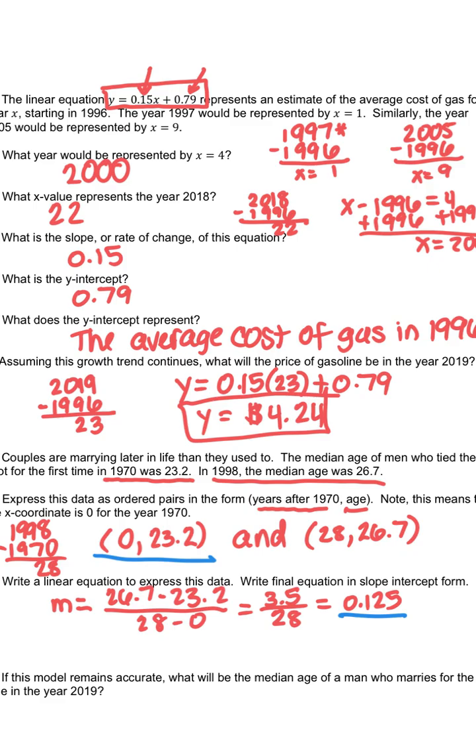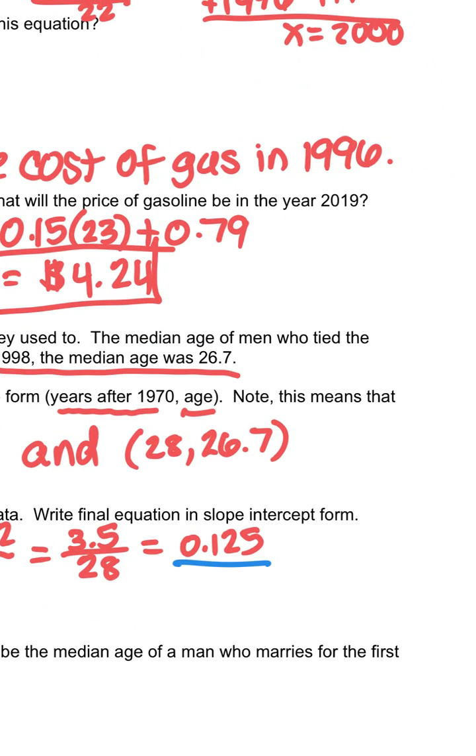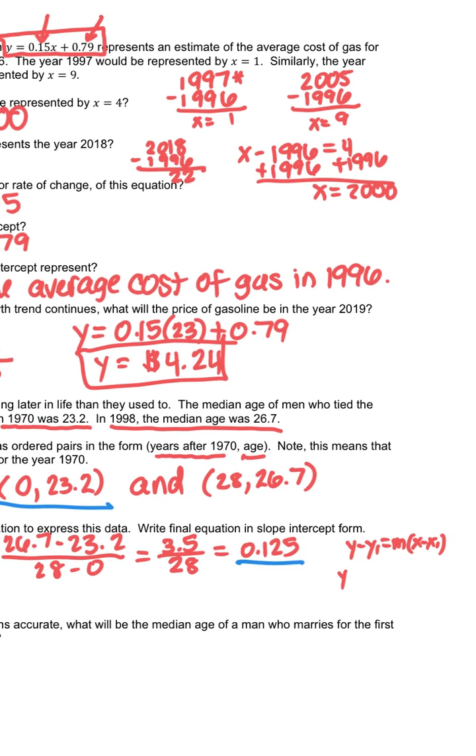So let's go ahead and put that in our point-slope form. Okay, so y minus y1 equals m times x minus x1. So that's y minus 23.2 equals our slope of 0.125 times x minus 0. And again, we'll have y equals minus 23.2.